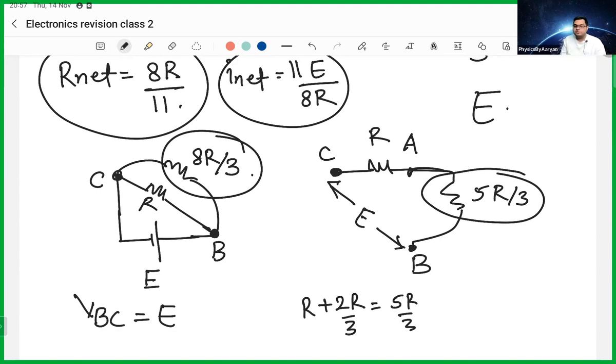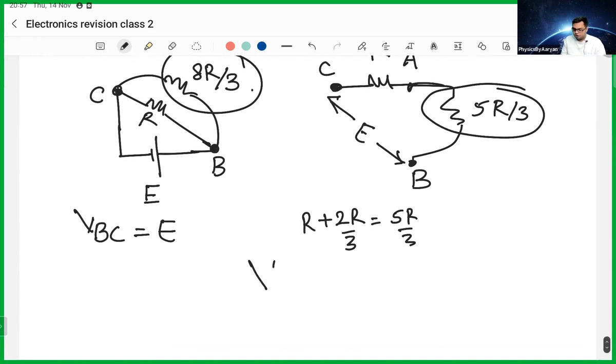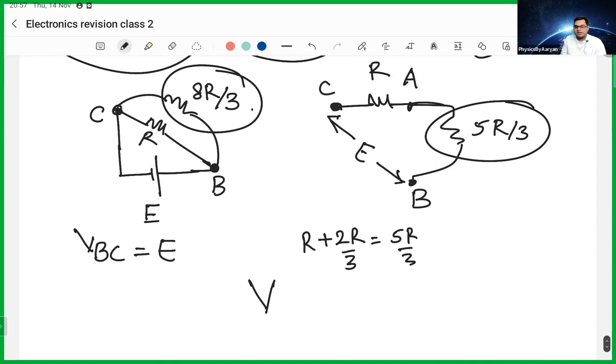So I will use the voltage division rule. I told you the voltage division. I want to know the voltage around 5R by 3. I know the total voltage between C and B, but it is made up of two parts, one R and one 5R by 3. I only want the voltage around 5R by 3 because I need the voltage between AB.